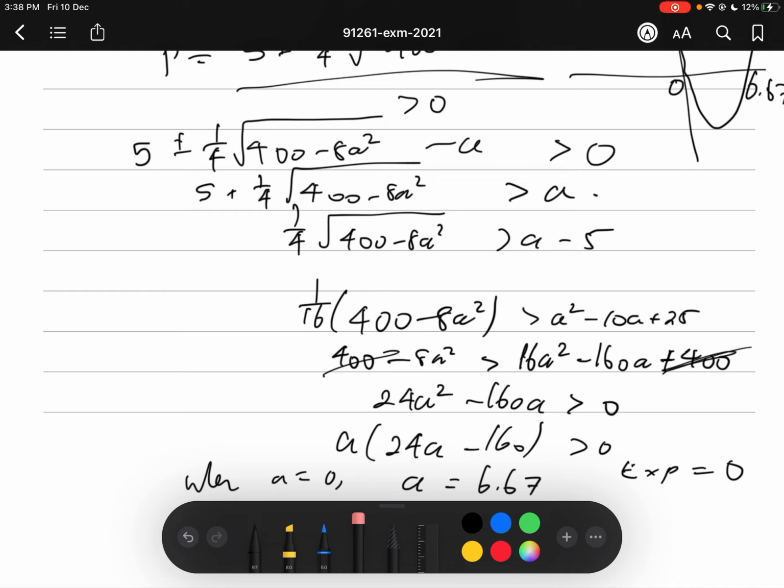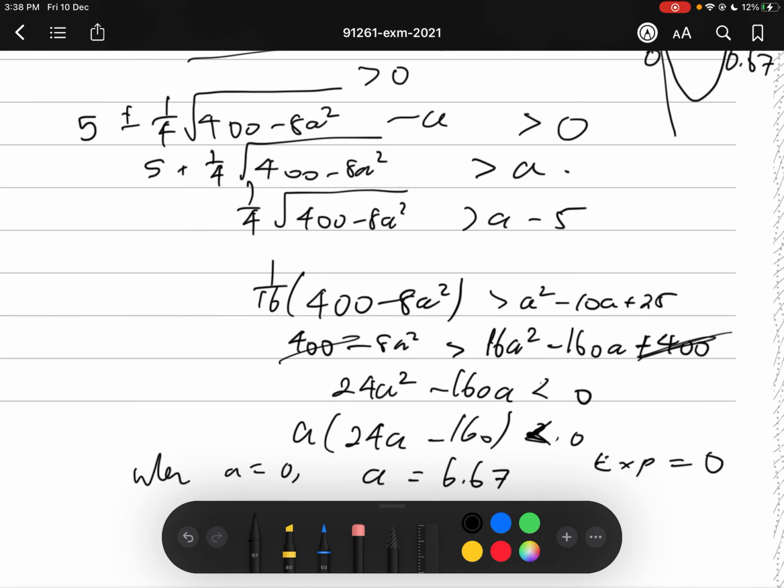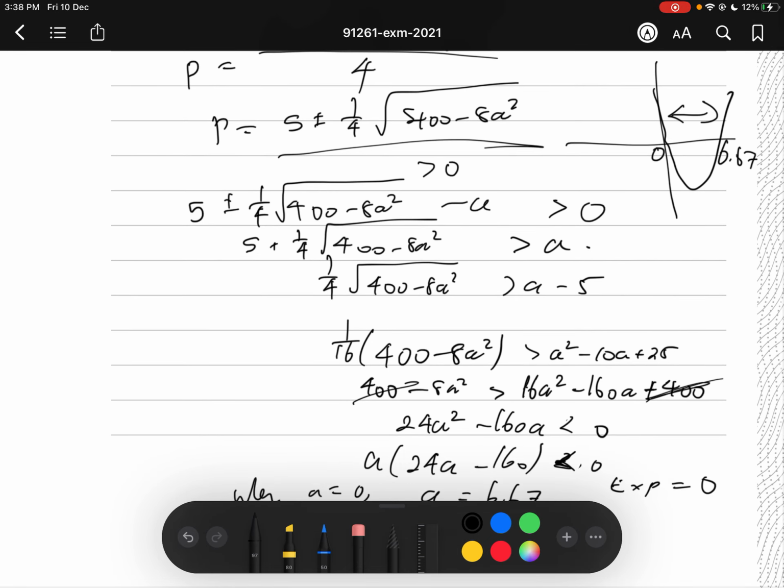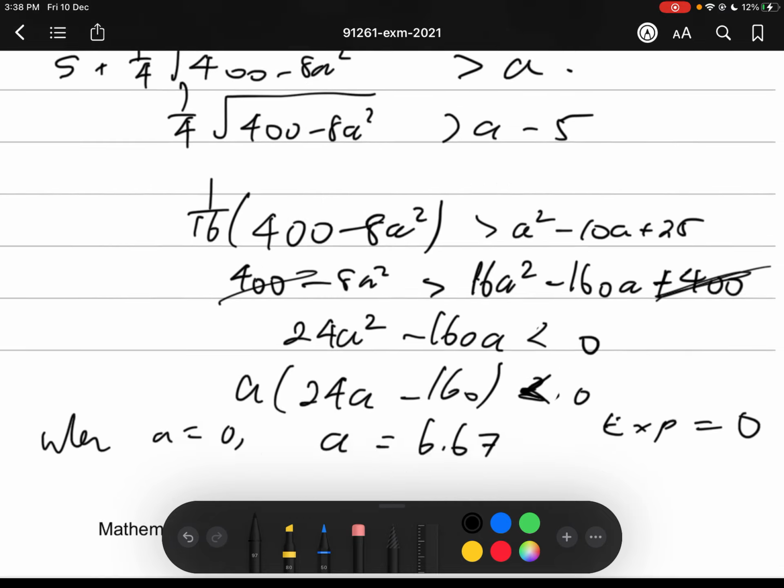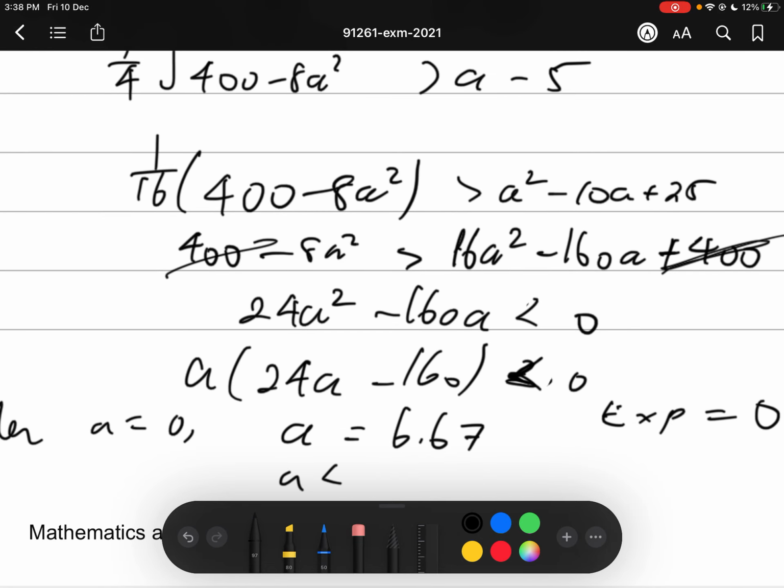The inequality should be the other way around. Apologies. Therefore, if we look in between these two roots, that will be when our expression is less than 0. So a is between 0 and 6.67.